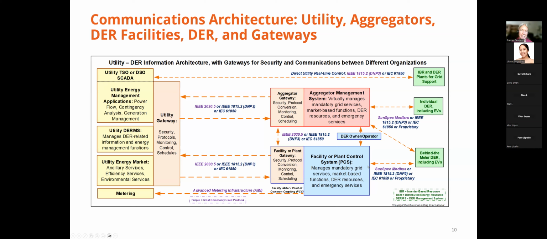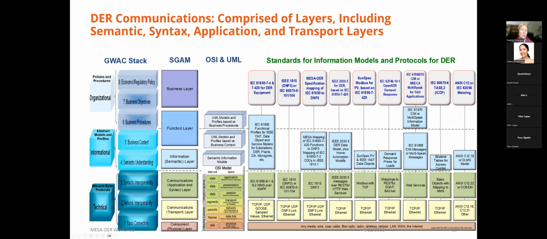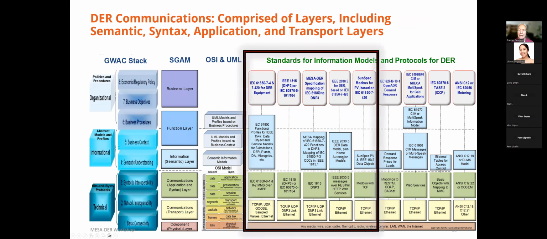So as I said, it's important to recognize that there really needs to be more than one protocol, because they have different types of strengths and weaknesses. So which ones are we talking about? And it really is these protocols.